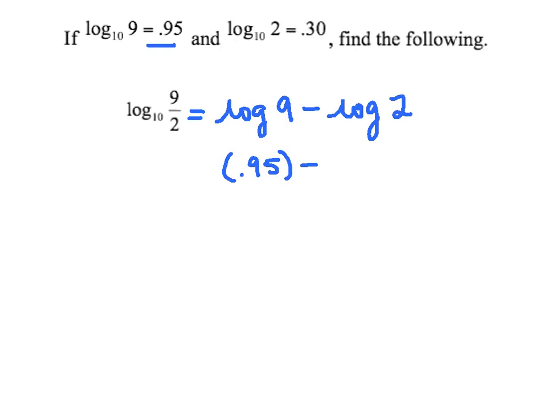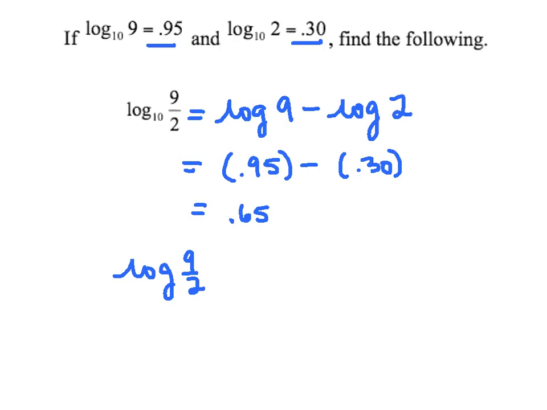And I know that the common log of 2, or log base 10 of 2, is equal to 0.30, and I'm going to substitute in 0.30, and then I'm going to go ahead and complete the operation. 0.95 minus 0.30 gives me 0.65, or 65/100ths. And so I now know that the common log of 9/2 is equal to 0.65.